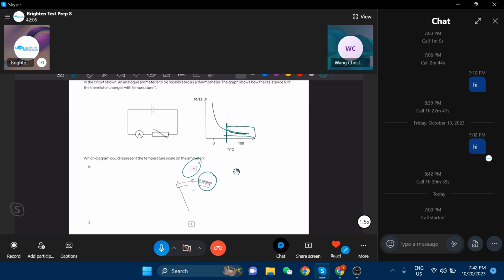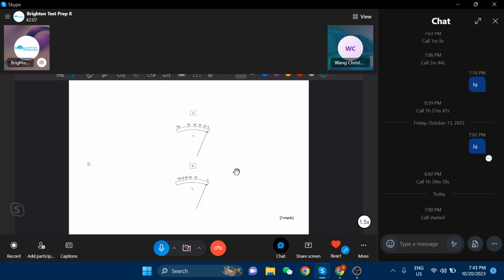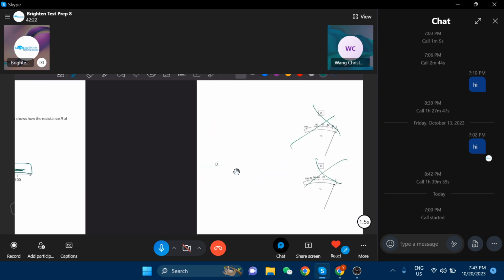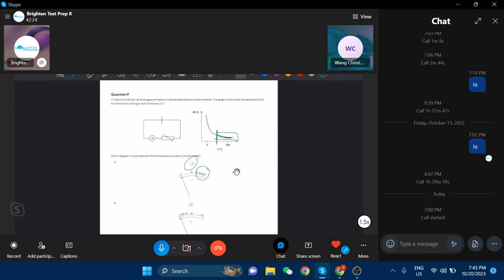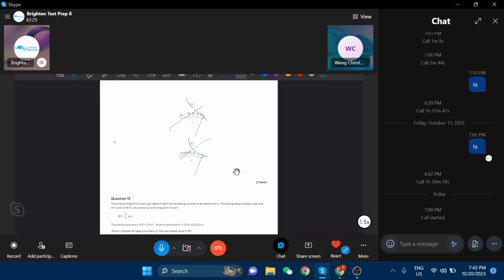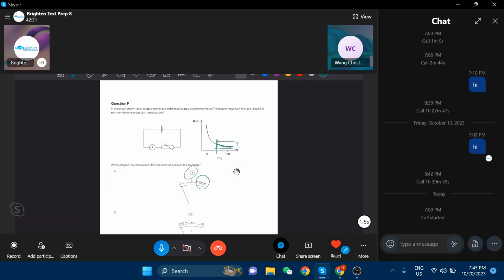Okay, then let's cross-check if there's anything we have to change now in what we say. Well, because the resistance is decreasing. Yes, right, exactly. Good one. So hence no. That's where the significant difference is between A, B, and C, D. So we have to start on which side?